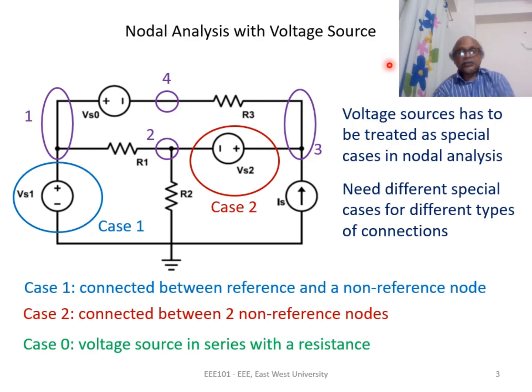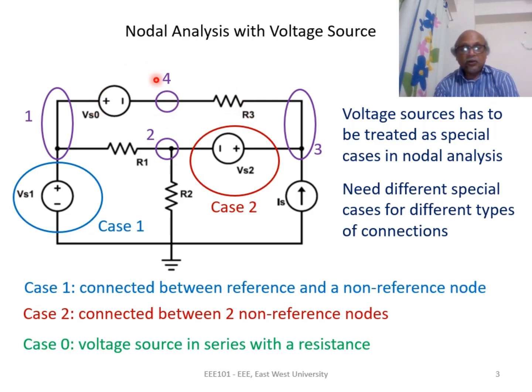Then we have case 0. Case 0 involves a voltage source which is connected in series with a resistance. If we look at Vs0 between node 1 and node 4, it is connected as case 2. However, if we look at node 4, there are only two circuit elements connected, Vs0 and R3. So this Vs0 and R3 are connected in series.